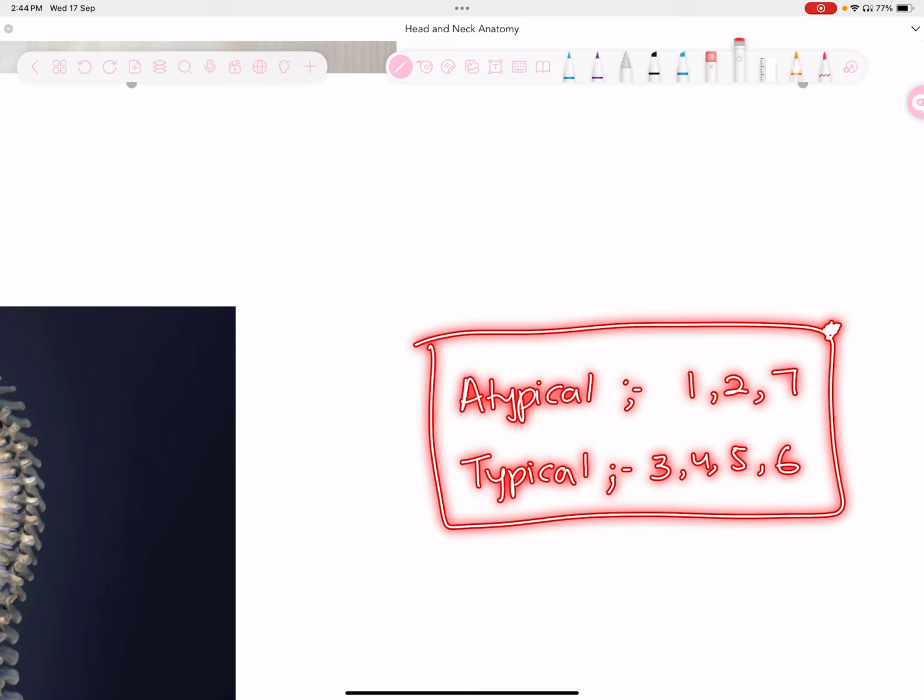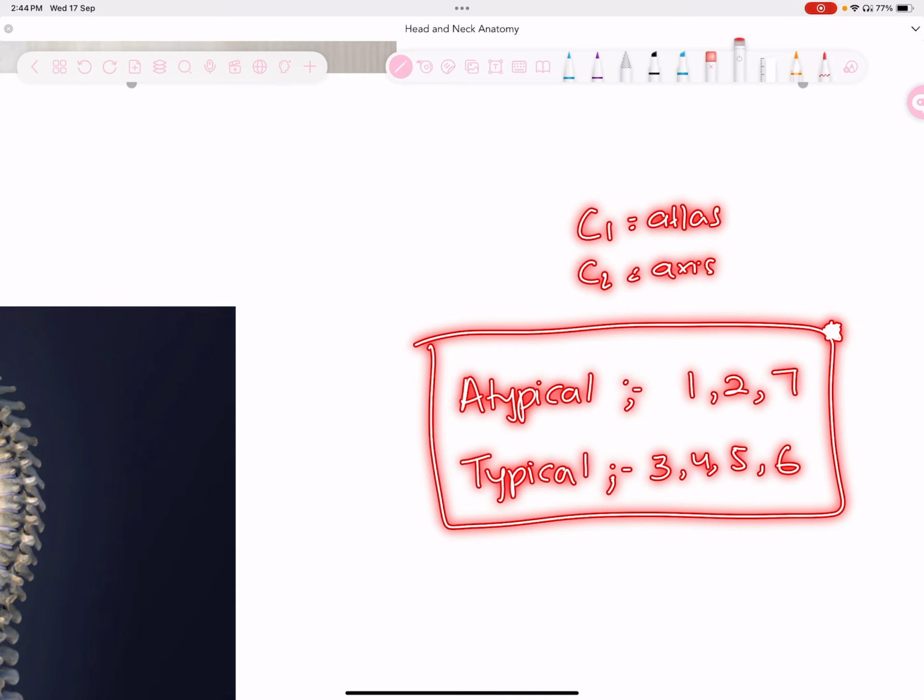So this says that C1, C2, and C7 have slightly different features compared to the rest. Now C1 is known as Atlas, C2 is known as Axis. If you talk about Atlas and Axis, how can you differentiate between the two? Atlas is so different because it has no vertebral body.